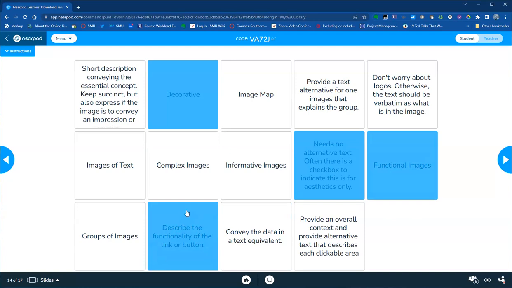And then we get into these images of text. When we've taken a screenshot that includes words, because it includes words, the screen reader does not know that they're there. Which one would be the right one for this one?